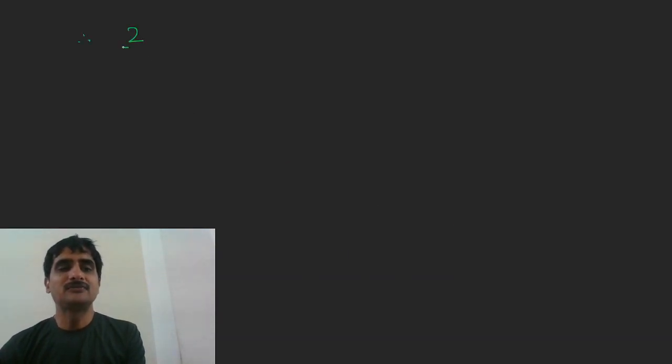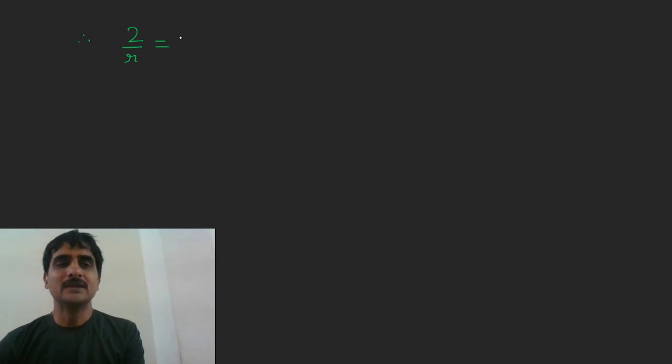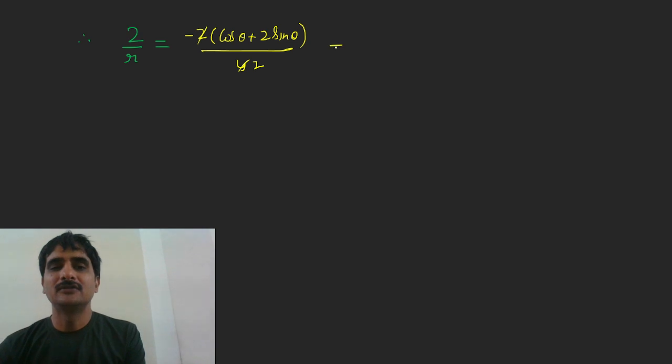So 2 by r is equal to r1 plus r2 over r1 r2, and r1 plus r2 is nothing but minus 2 times (cos theta plus 2 sin theta) over 4. This gets cancelled. So now see, 4 is equal to minus r cos theta minus 2r sin theta.